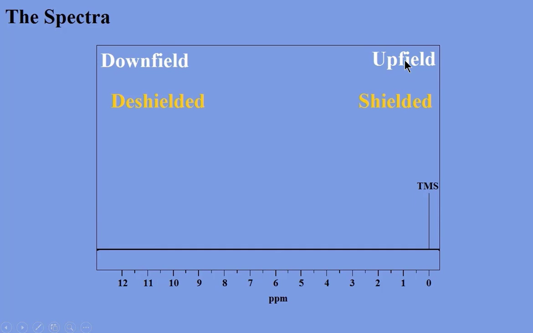The further upfield we go, the more shielded the hydrogen nuclei are, and the further downfield we go, the more deshielded the hydrogen nuclei are. Remember that relative amount of shielding or deshielding depends on how much energy is felt at the hydrogen nucleus.